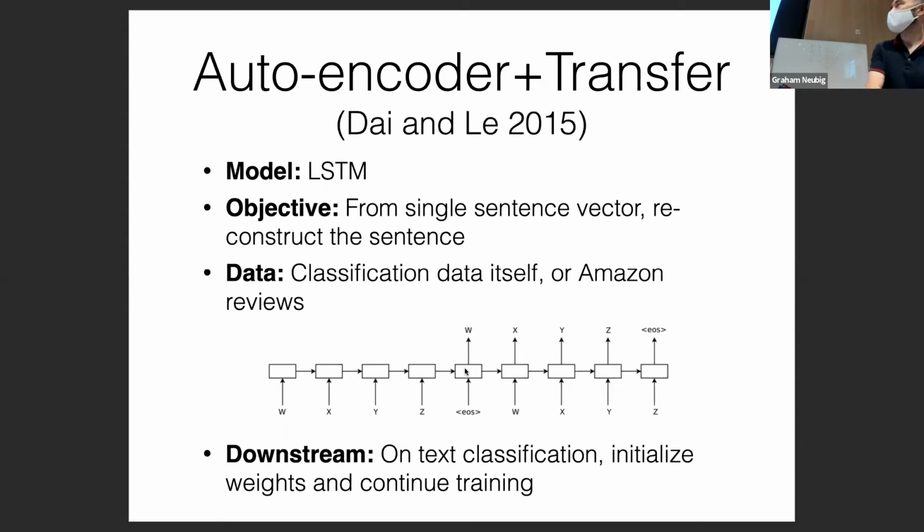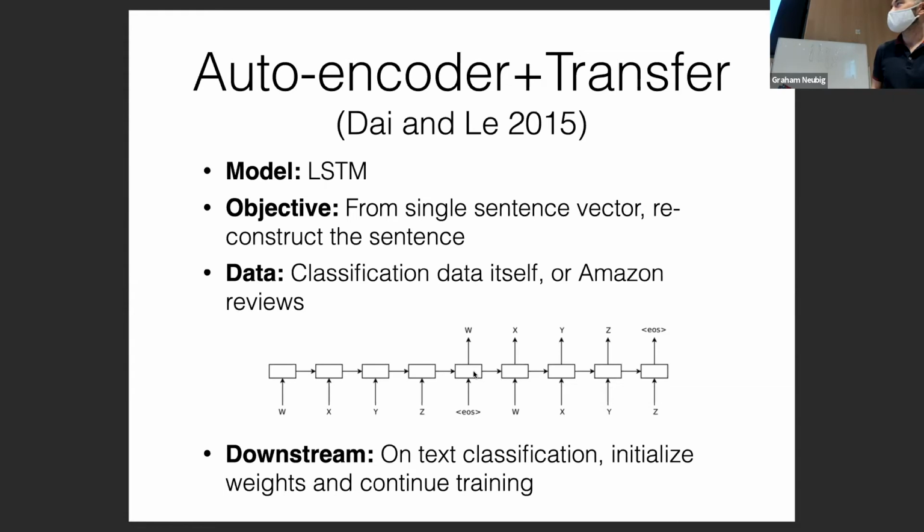This is also not immediately intuitive, because essentially what you're trying to do with this encoder is encode all of the information in the sentence in a single vector before decoding and trying to regenerate the sentence. So you would think that this single vector would be very, very useful downstream. However, that's not the case.